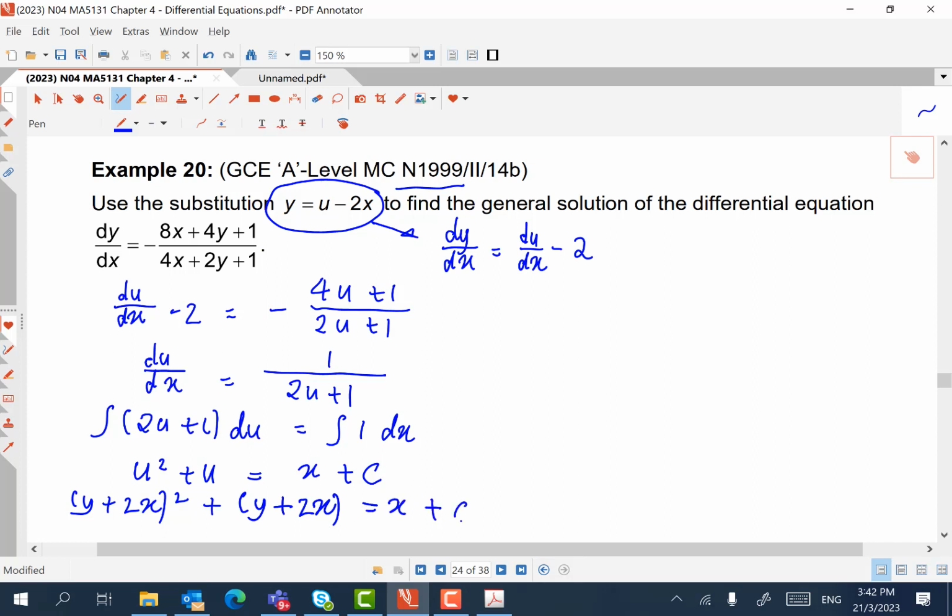And the thing is, sometimes it is very hard to make y the subject. You can leave your answers like this, it's allowed. If it's not too hard to make y the subject, you want to do it. In this question, it is still possible to make y the subject, a little bit harder than usual, but you don't have to. The A-level TYS answer key for this question is exactly like this.